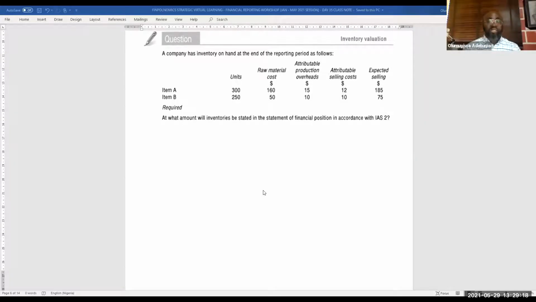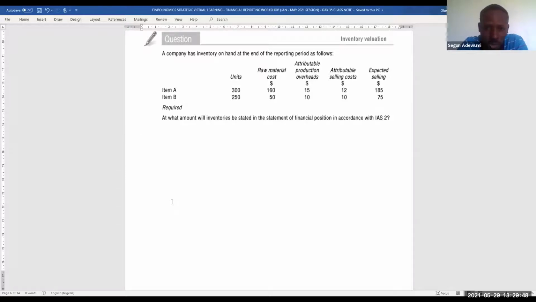Okay, what's your position now? Our position is that from this little schedule, it is possible for us to compute our cost of inventory for each item, both A and B, and also to compute the selling price, which is shown as expected selling price. We can also compute the selling cost, that is the cost it takes us to sell the inventory.